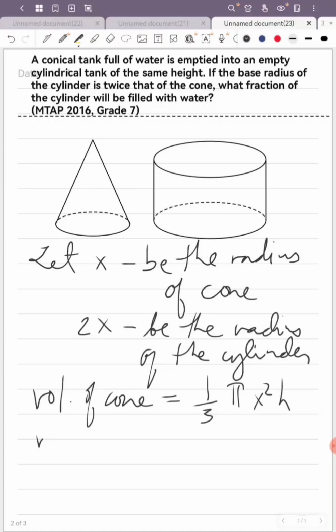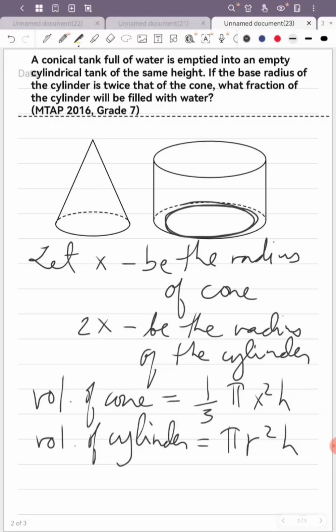Then the volume of a cylinder is equal to pi r squared h. It's because the base is circular, so the area of a circle is pi r squared, then the height is h. That's why pi r squared h.